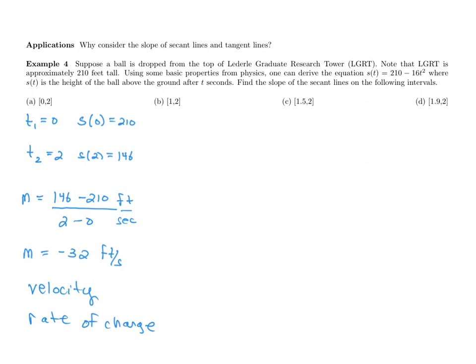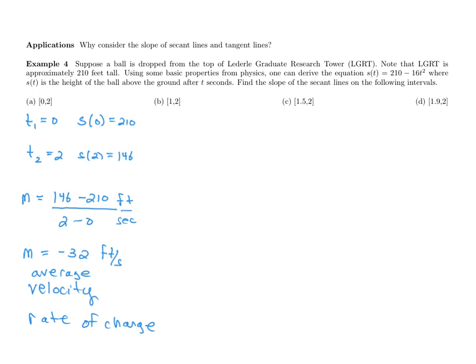So anytime that you compute slope, in this case of a secant line, what you're doing is you're finding the rate of change of a given function. I would like to be a little bit more specific about this velocity. This is the velocity over an interval, and just to be a little bit more careful, this is an average velocity.